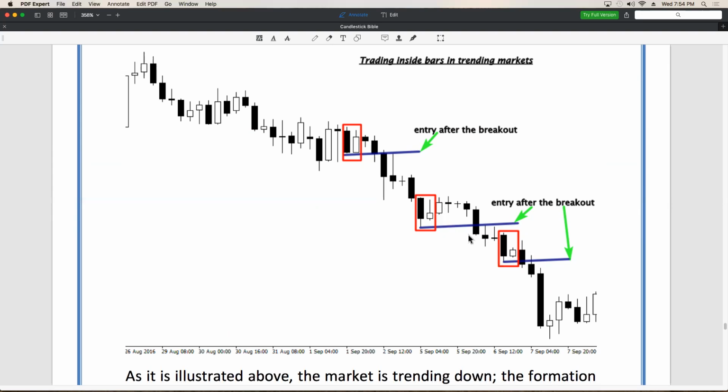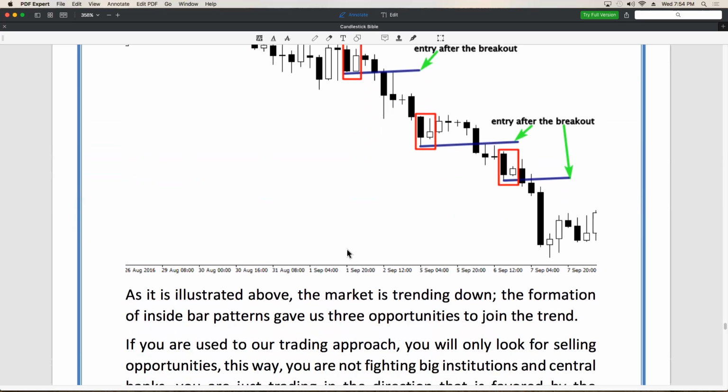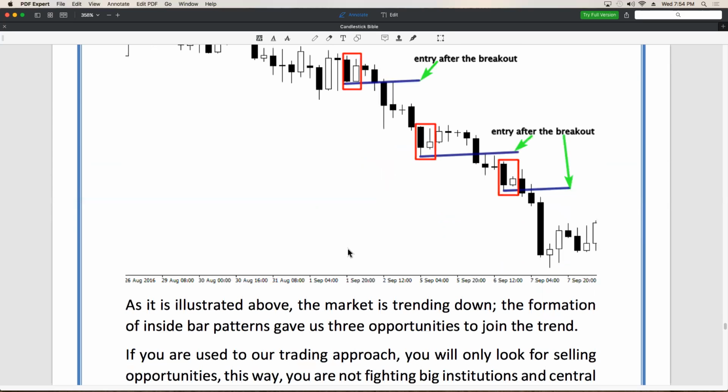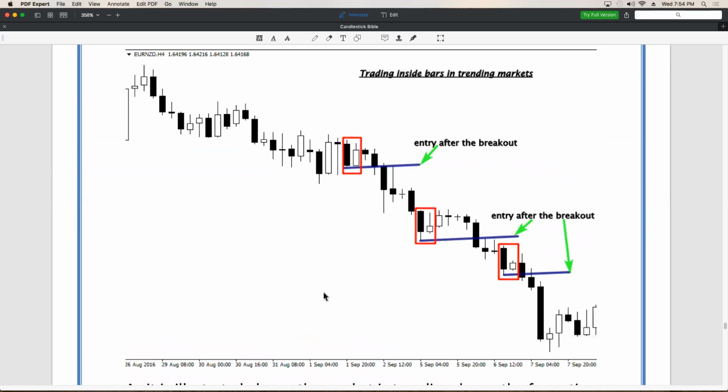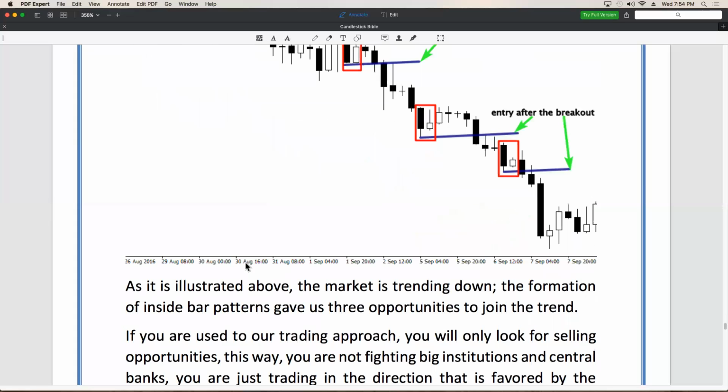Like, man, this is continuation here. So as illustrated above, the market is trending down. The formation of the inside bar patterns gives us three opportunities to join the trend. Because if it's down here, you'd be like, oh, that's a double bottom, that thing is getting ready to come up. But then you see the little black. Oh man, knowing it's continuation is a good thing to know.